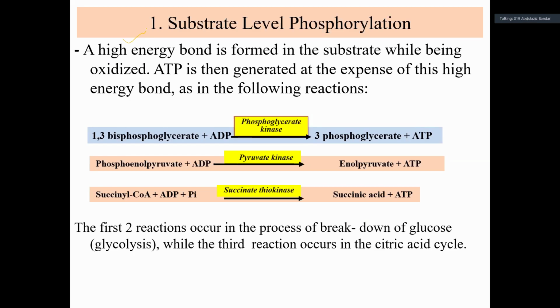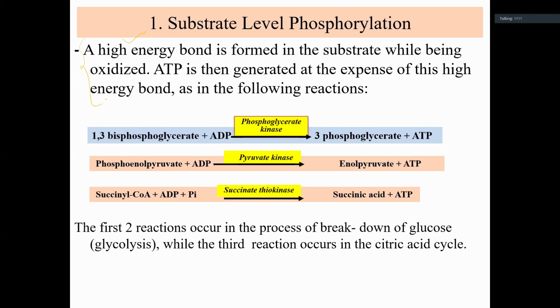Okay, what I know is this: bisphosphoglycerate is added to ADP with the help of phosphoglycerate kinase. No, here, these three lines.